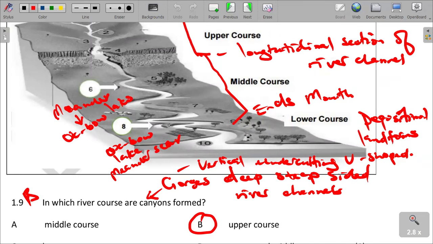An oxbow lake is a feature formed by erosion at the neck of the meandering channel, which is then cut off. Erosion eats at the necks of the meander, as we can see here, it cuts back this part, and then we have a cut-off feature being formed there.